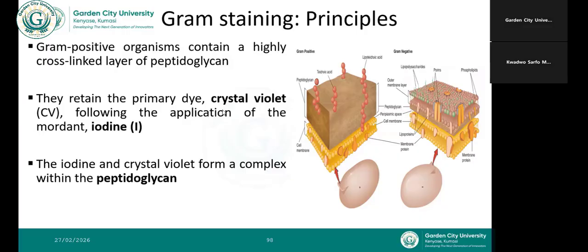But if you apply a primary stain or a primary biological dye, such as crystal violet, both will pick up the same color. They will become purple or violet. If you add the iodine, it will intensify the color imparted by the crystal violet to both, and this will form the iodine-crystal violet complex in the peptidoglycan.